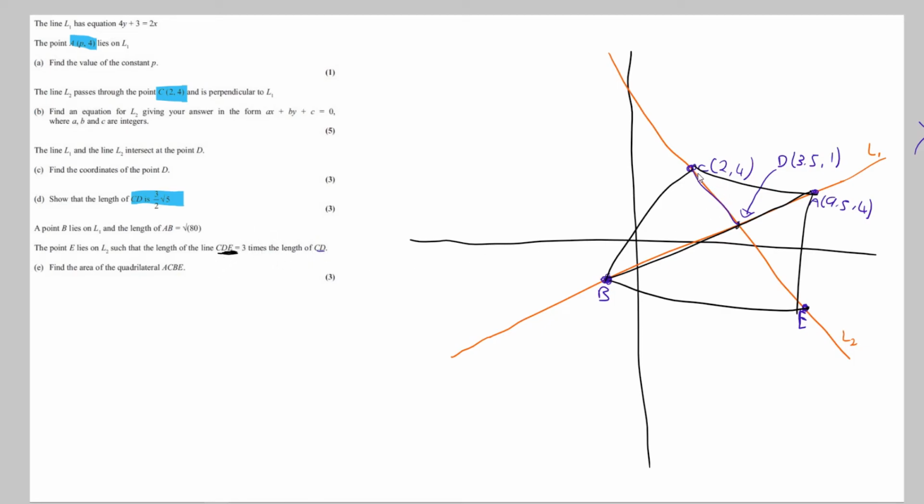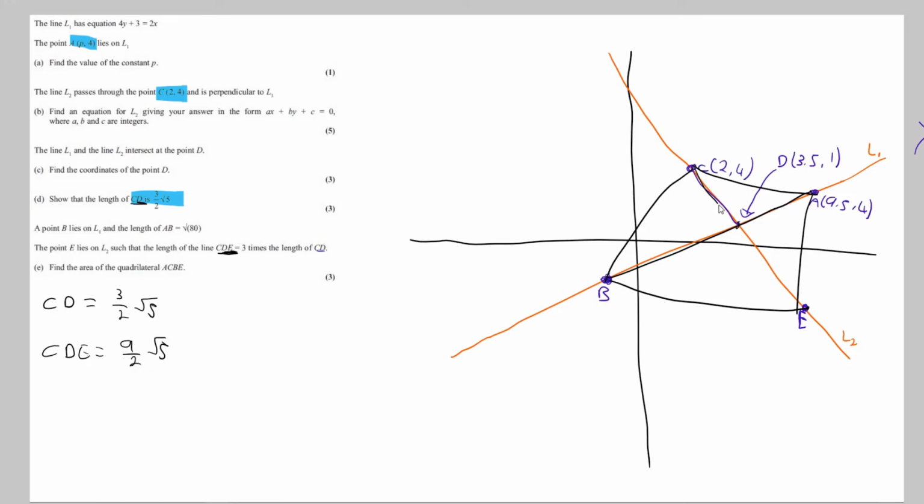CD is actually given in question D. If you didn't get that far, we can actually just take it. So CD is equal to 3 over 2 root 5, and then CDE is 3 times that, so 3 over 2 times 3 is 9 over 2 root 5.